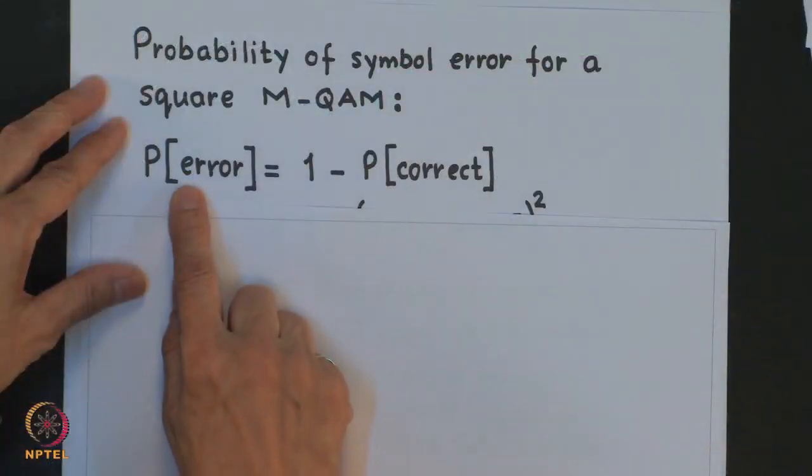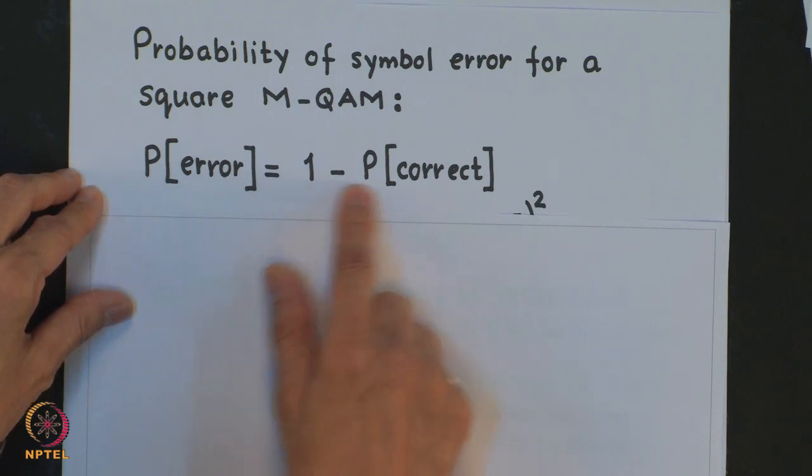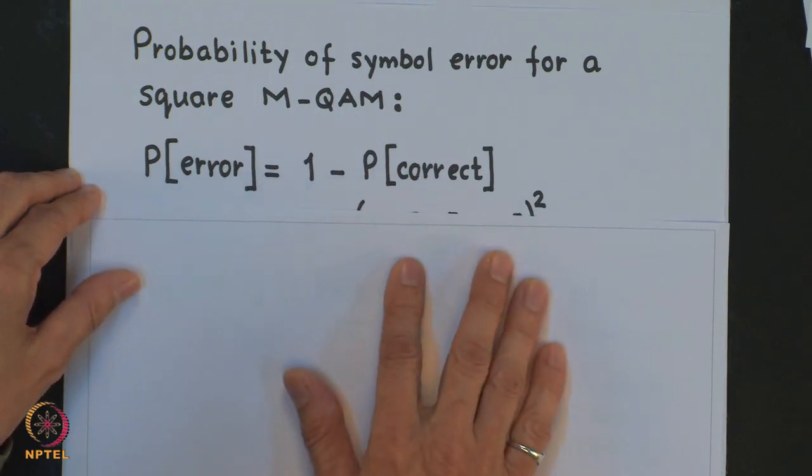So, let us do that. The probability of symbol error for a square M-QAM would be given as probability of error is equal to 1 minus probability of correct decision.